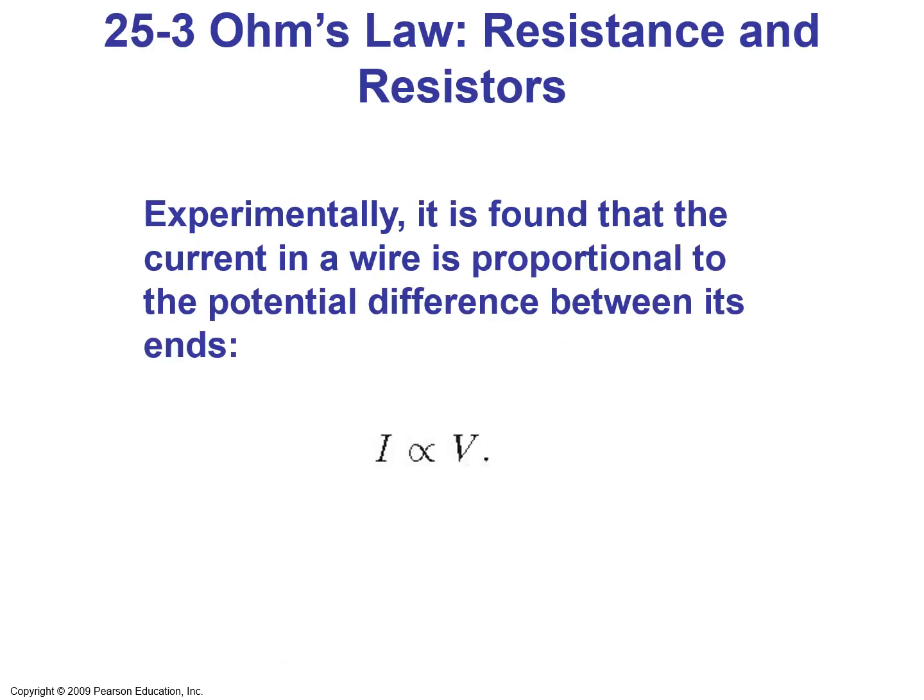Section 3. Ohm's law, resistance and resistors. Experimentally, it is found that the current in a wire is proportional to the potential difference between its ends. So we say I, the current, is proportional to the voltage, or potential difference, between the two ends of a wire.